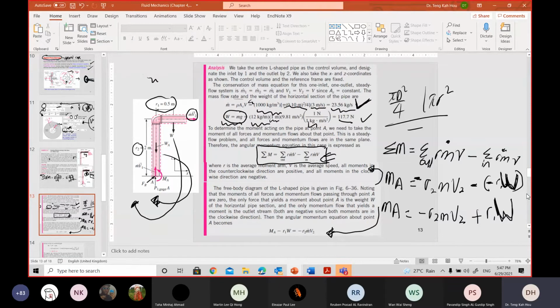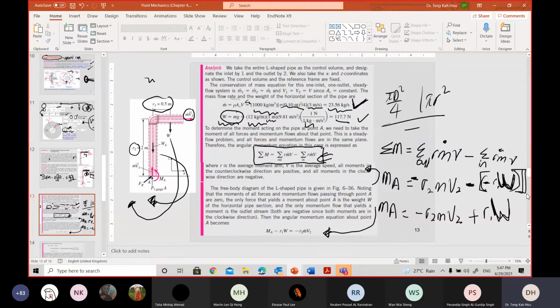And the formula is minus, so I put a minus, and then I put brackets only to consider what is my input energy or input forces or input moment. Then from here, my weight is happening here, and I have the R1 radius, and the angular momentum is also turning in the negative direction.